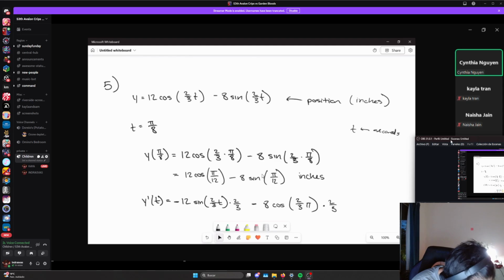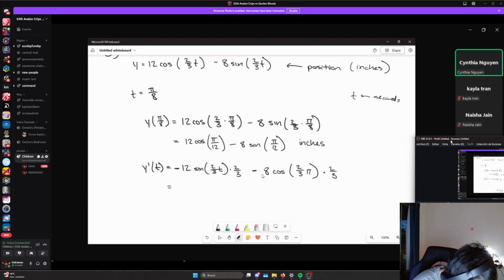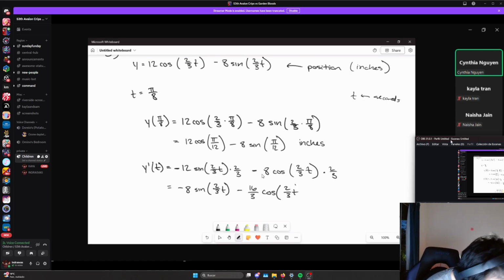Okay, so simplifying this all out, your 12 times 2/3 is 8. Yes, negative 8 sine 2 over 3 t minus 16 over 3 cosine 2 over 3. That's not supposed to be a pi, that's supposed to be a t. Okay, t. Now you can finally plug in for time of pi over 8.